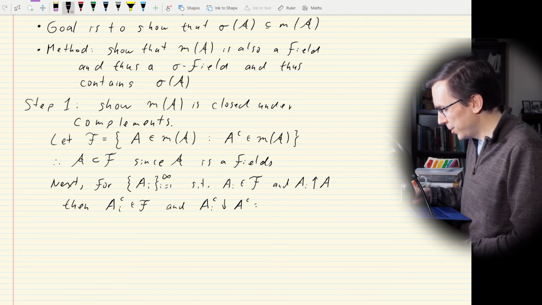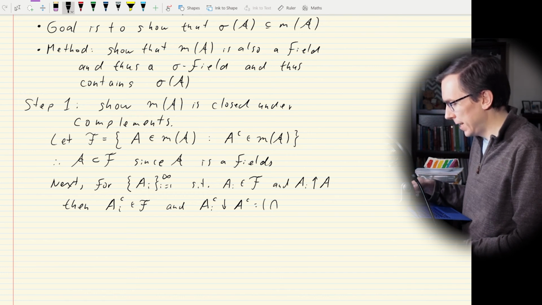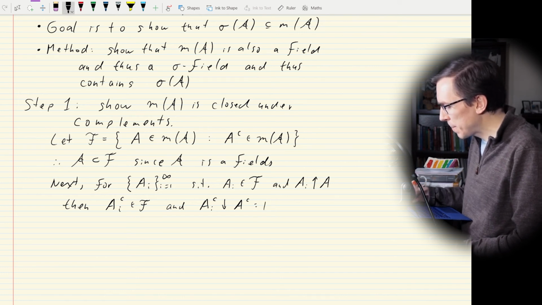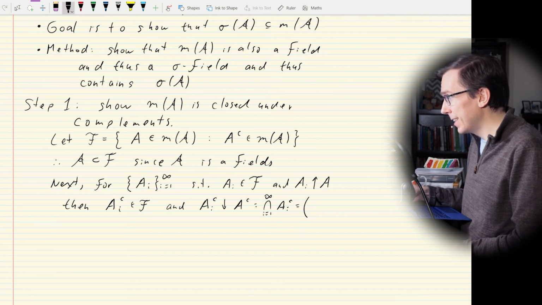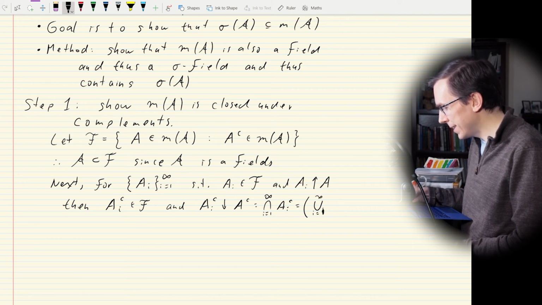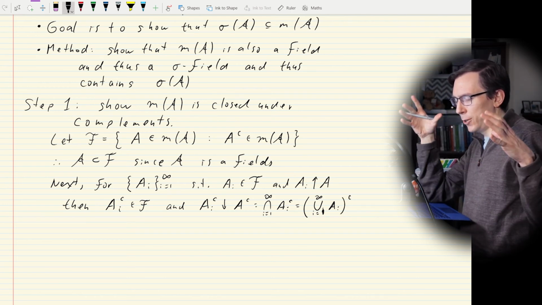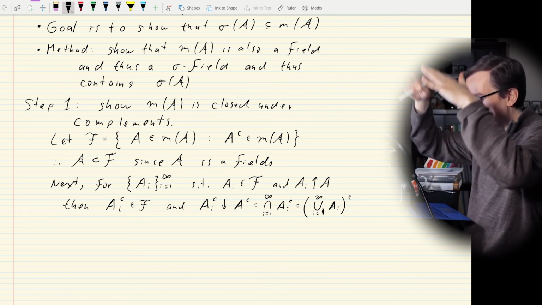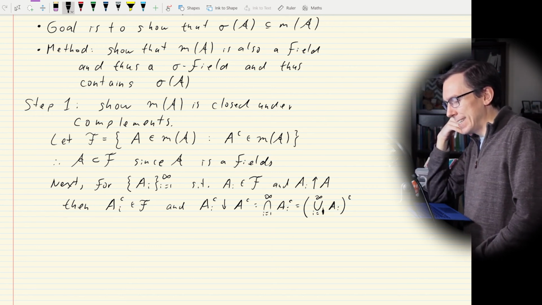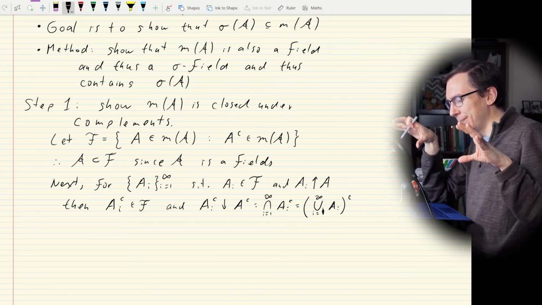And this is equal to an infinite intersection, i from 1 to infinity of A_i complement, and this is the complement of the infinite union, i from 1 to infinity, of the A_i. If I take a whole bunch of sets, union them together, and then take everything that's not in that union, it's the same as taking each piece individually and intersecting.